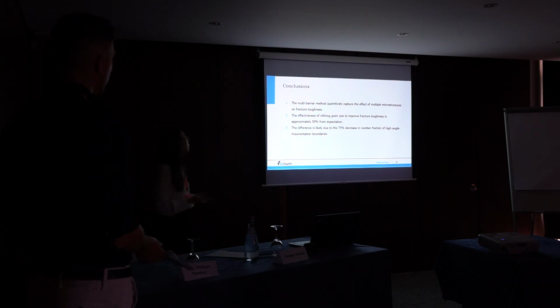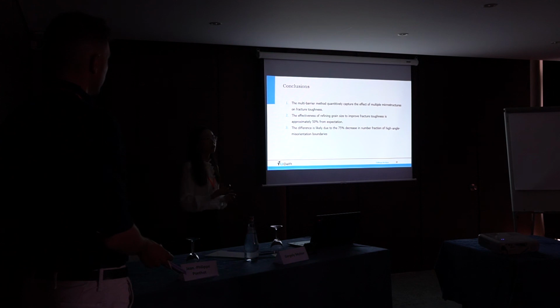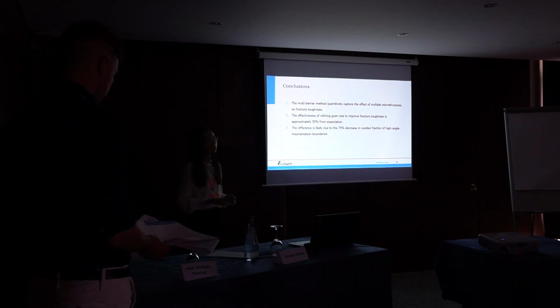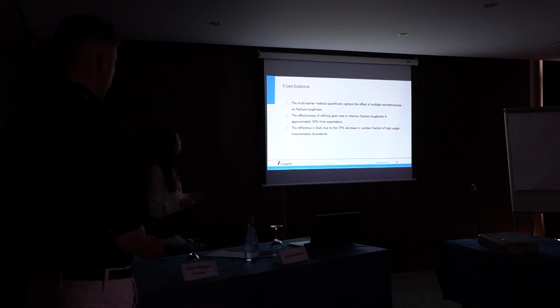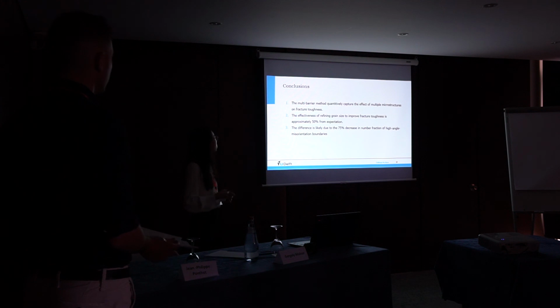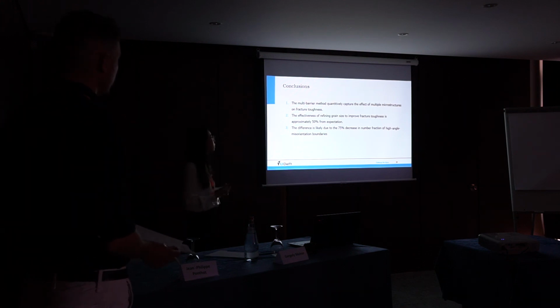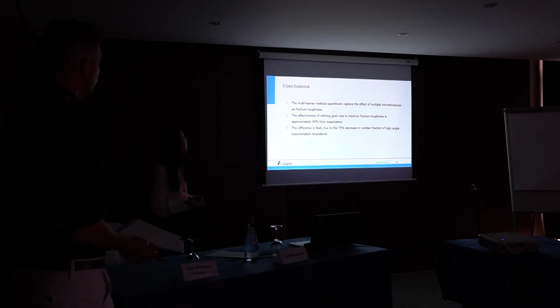And we found the grain refinement is not as effective as we expected. It's only about 50% of the expectation. And this low effectiveness is due to the very high angle misorientation grain boundaries, which are related to the block and packet structures rather than the pure prior austenite grain structures.